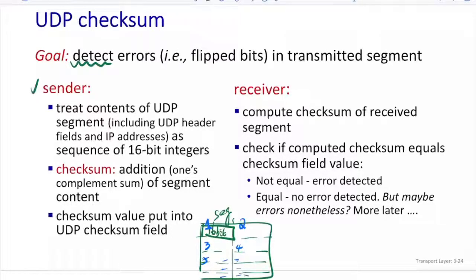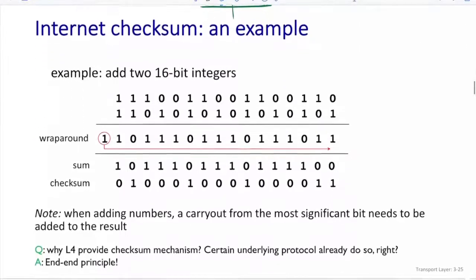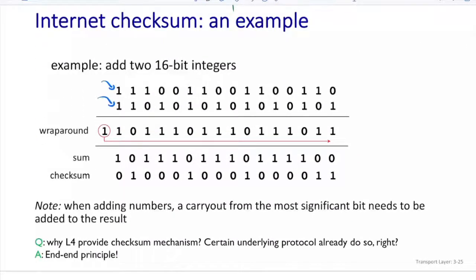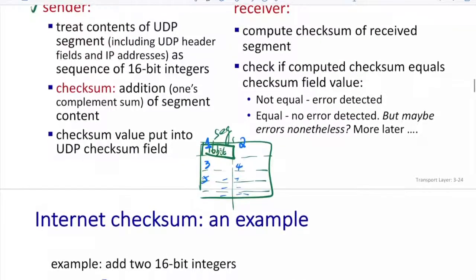So for the entire segment, we fragment all those bits or bytes into a lot of 16-bit integers, and we add all of them together to calculate the checksum. The actual operation is right here. So here, for example, we have two 16-bit integers. You simply add them using the one's complement sum.